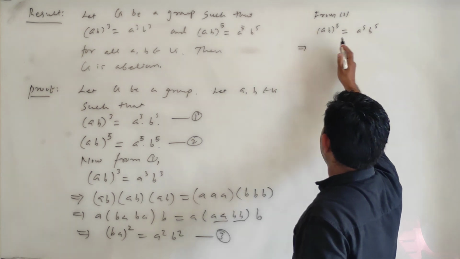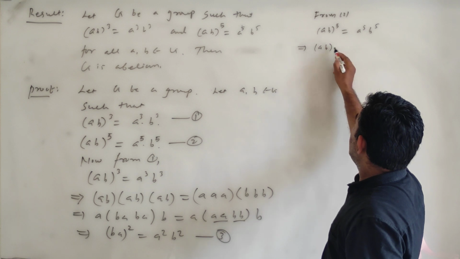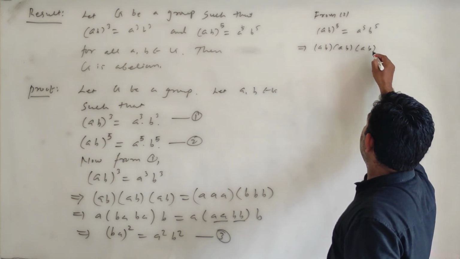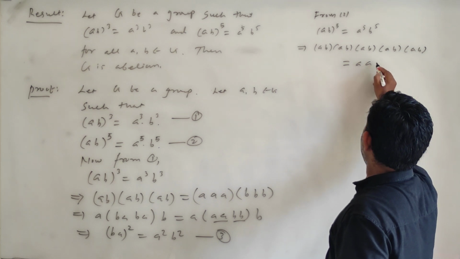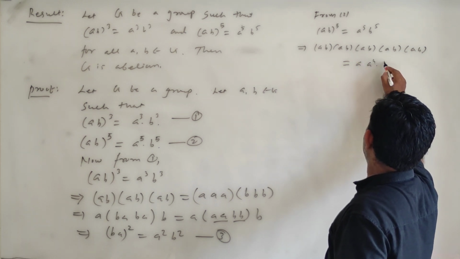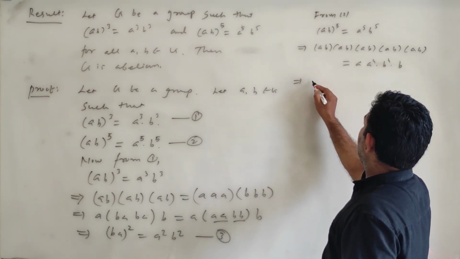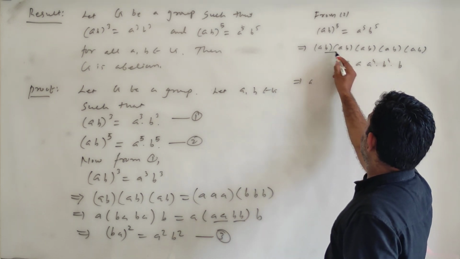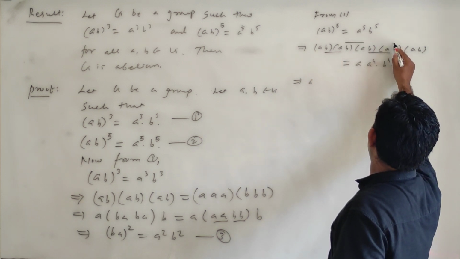AB 5 times is equal to A into, let me write in short way, A raised to 4 into B raised to 4 into B. So you make this pair like this: A, and now you keep this BA together, BA, then BA and then BA.